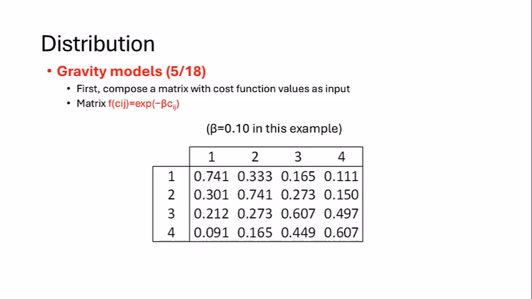The first step is to build a matrix of cost function values. By applying the exponential function to the original costs, we translate raw distances or times into deterrence factors. These factors quantify how attractive or unattractive a trip is based on its generalized cost, and they form the basis of the model's calculations.